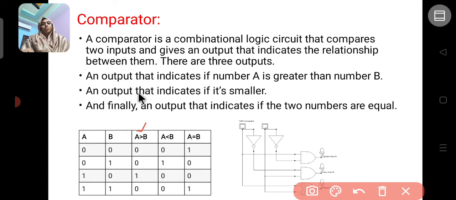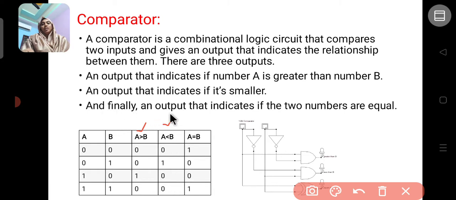Second one is an output that indicates if it's smaller, means the second condition, if A is smaller than B. If A is 0, B is 1, here A is less than B, then A less than B is 1, and the remaining two outputs are 0.